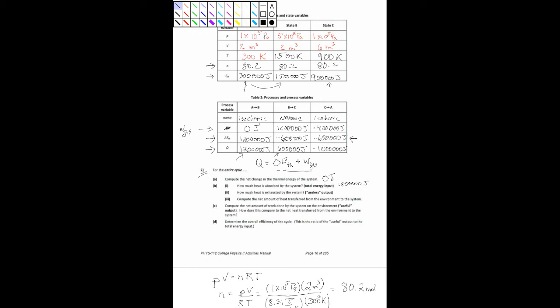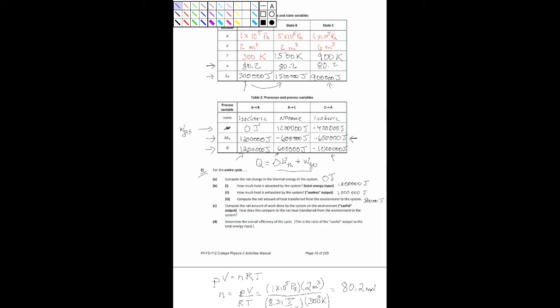And how much heat is exhausted by the system? Well, that's the 1 million joules as we move from C to A. So that's 1 million joules. And to compute the net amount of heat transferred from the environment to the system, we just subtract 1 million from this 1,800,000, and we get 800,000 joules. Sorry to cram that in there.